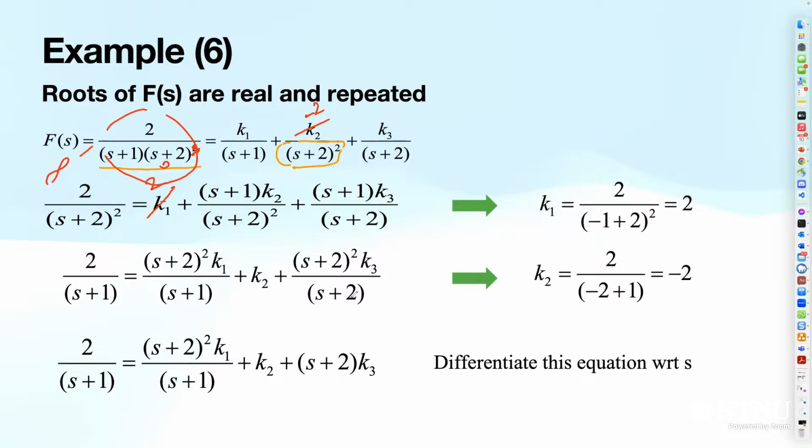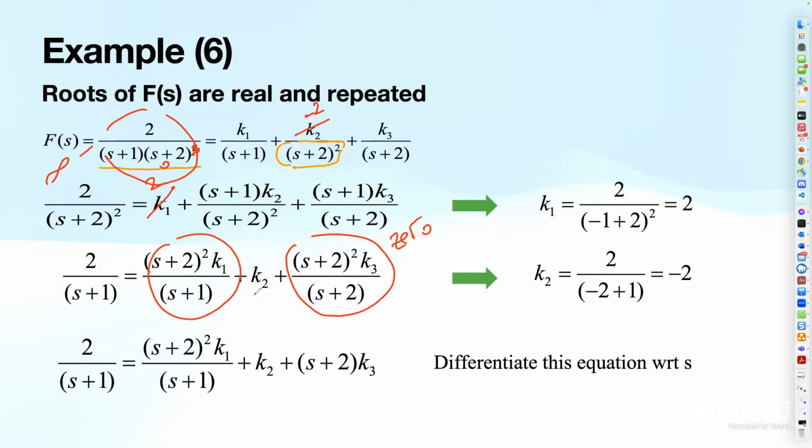If you substitute s equals -2, this part will be 0, so it will cancel. And this part also, with s equals -2, will be 0. So what will remain is k2, correct? k2 equals 2 divided by s plus 1. When we set s equal to -2, it will be 2 divided by -1, so it will be -2. So now we can get k2.